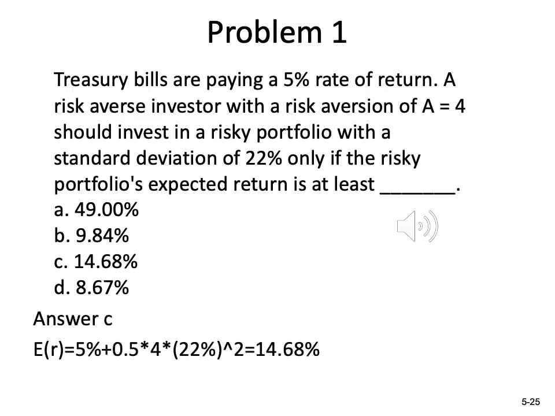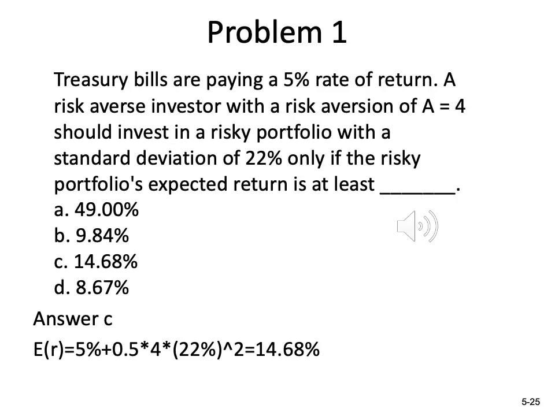The T-bill return is 5%, risk aversion level 4, risky portfolio standard deviation is 22%. The expected return of the risky portfolio is at least what percentage for this particular investor to invest?